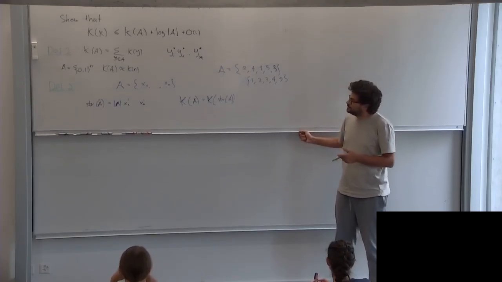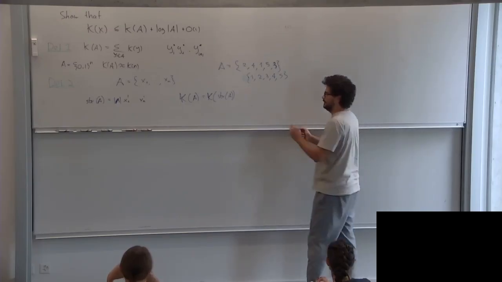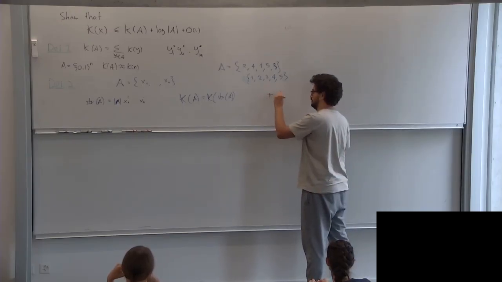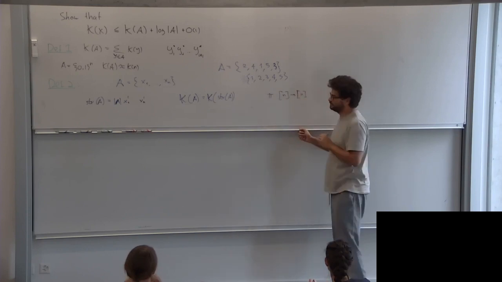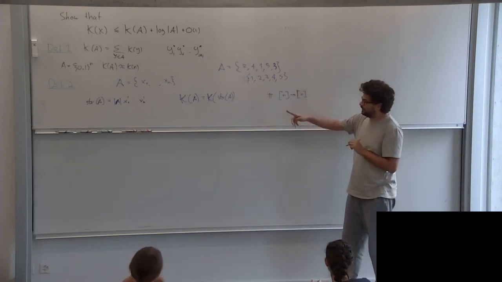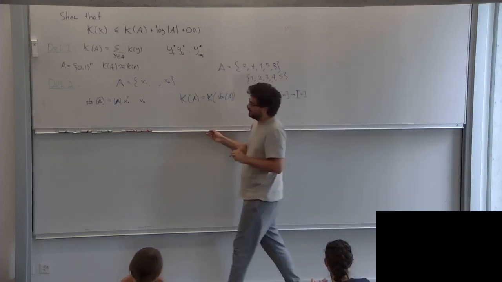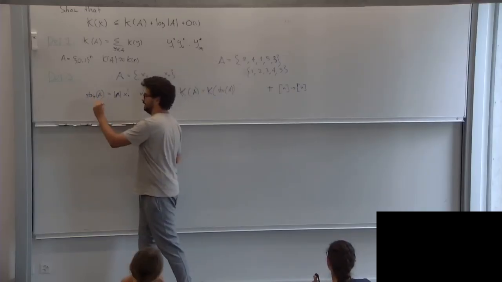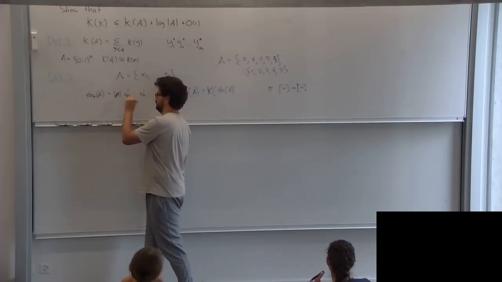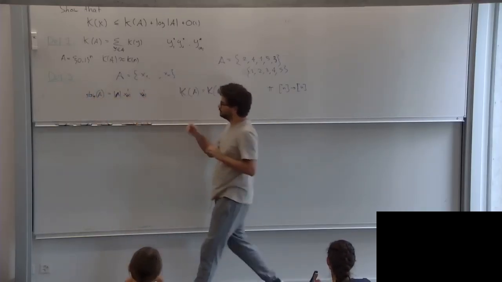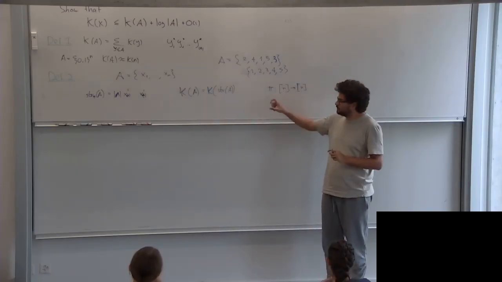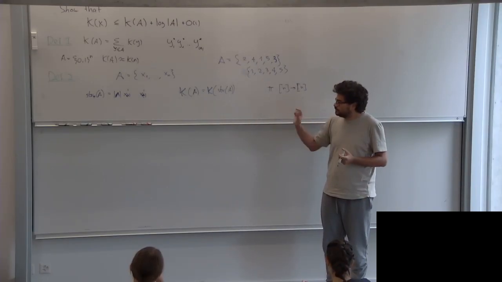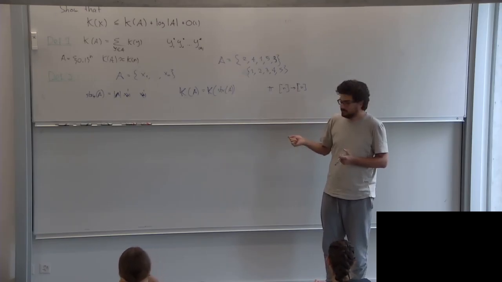So the idea is, okay, let's take a permutation from n to n, a permutation of the indices. And so instead of saying the string of A, I take the string of A with respect to this permutation. So this permutation controls basically the order of the elements in the string.